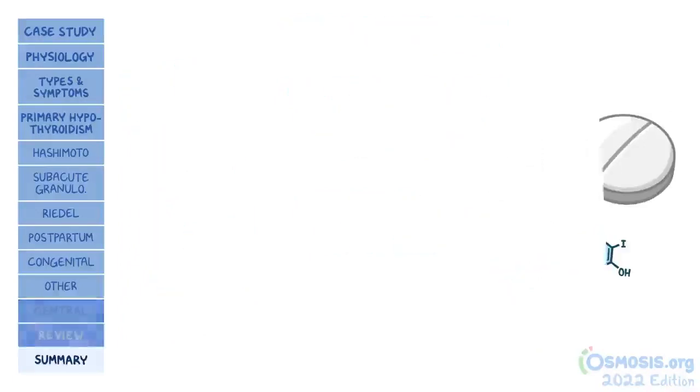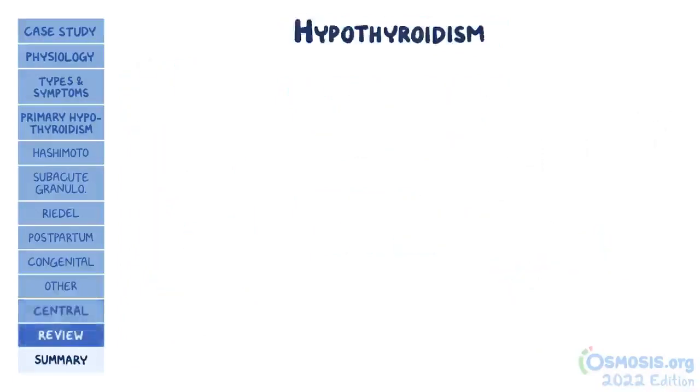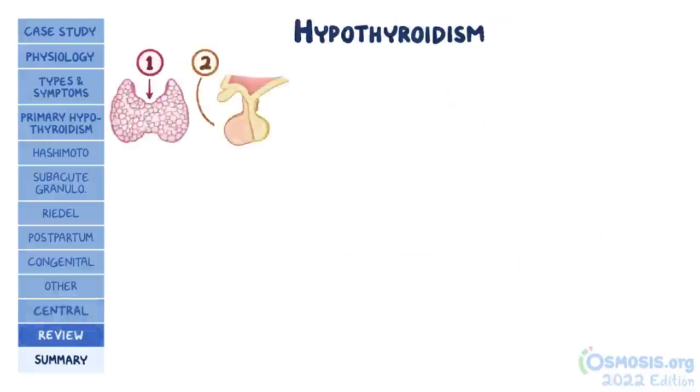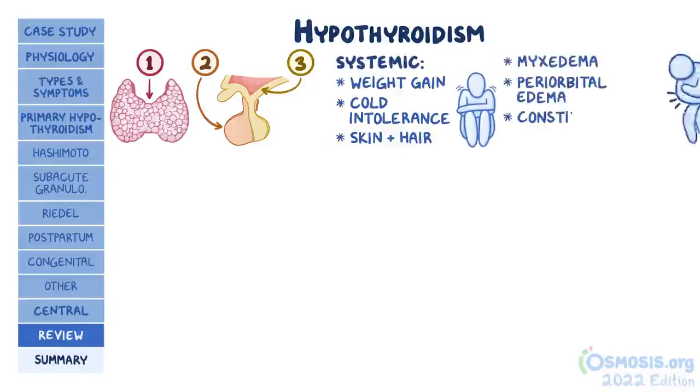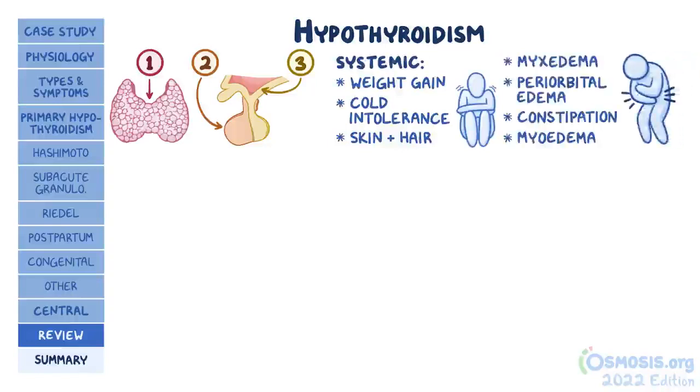Alright, as a quick recap, hypothyroidism can be primary when the thyroid gland is the problem, secondary where the pituitary gland is affected, or tertiary where the hypothalamus is damaged. Hypothyroidism can affect multiple systems, causing weight gain, cold intolerance, skin and hair findings, myxedema, periorbital edema, constipation, and myoedema.